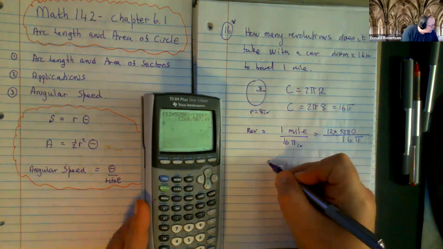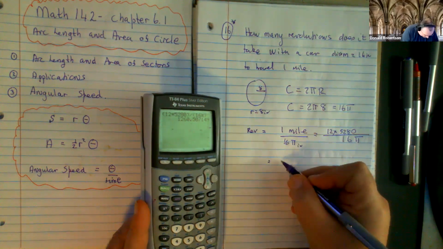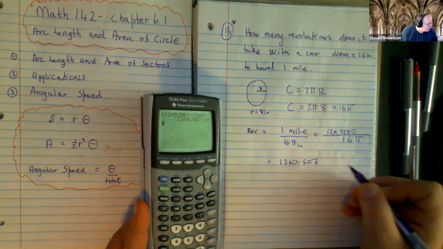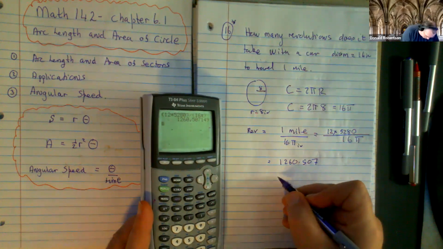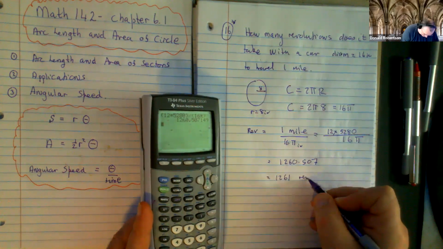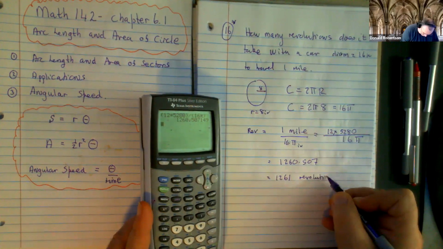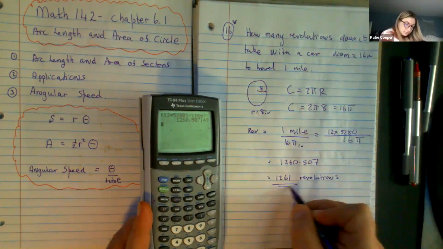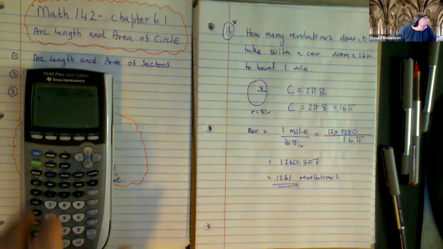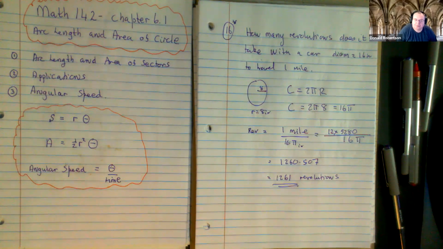And the answer that we get is, well, as a decimal, it looks like that. But they want the answer to the nearest whole number. So there you go. In a mile, your wheel would turn 1,261 times, which is quite a lot.